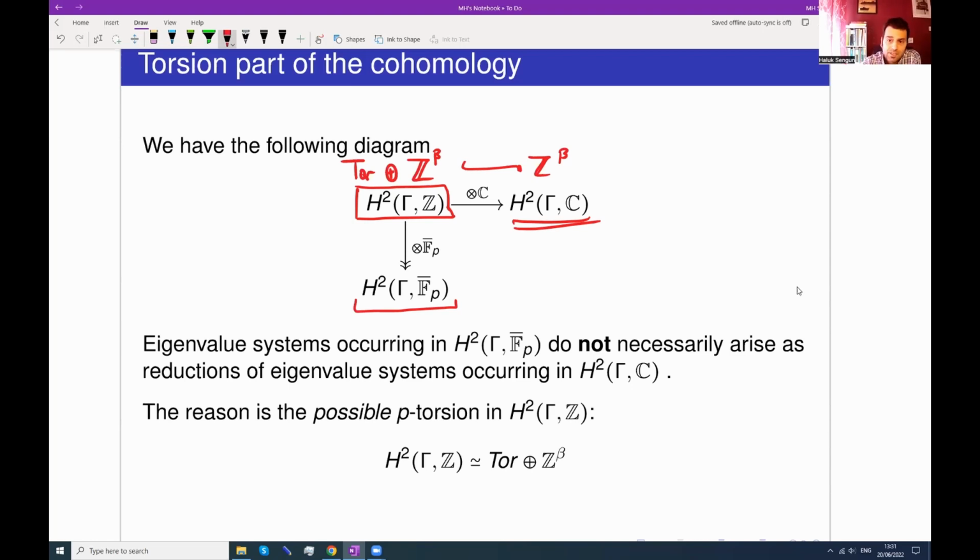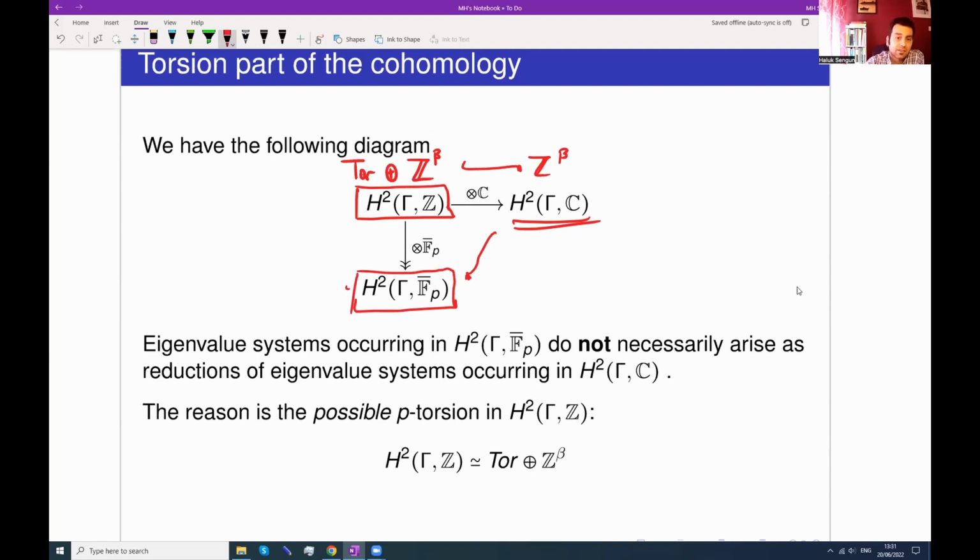Now, as you can see, any eigenvalue system captured here will give you an eigenvalue system through reduction here. There's no direct map, but I'm talking about eigenvalue systems. So mod L reductions of all the automorphic data already appear here in mod P H2.